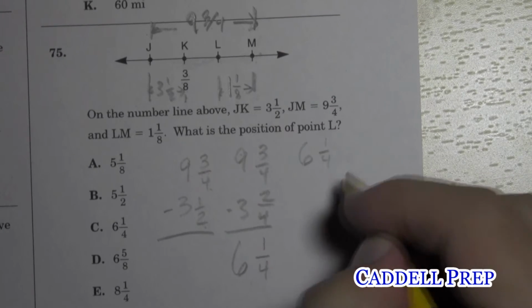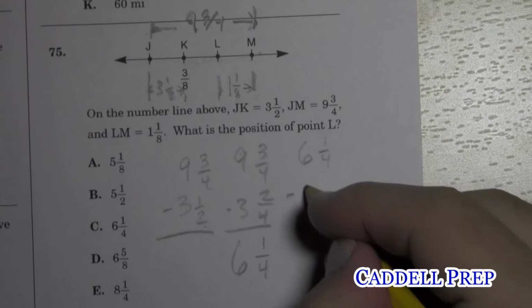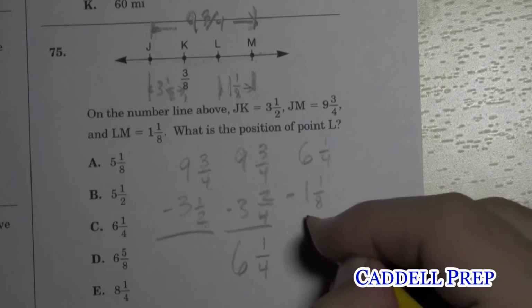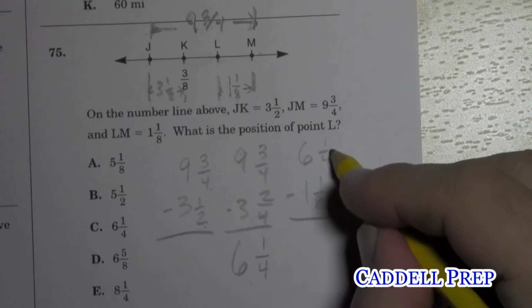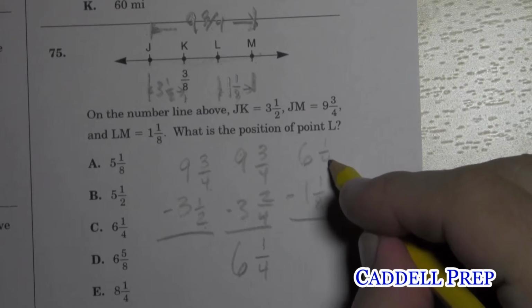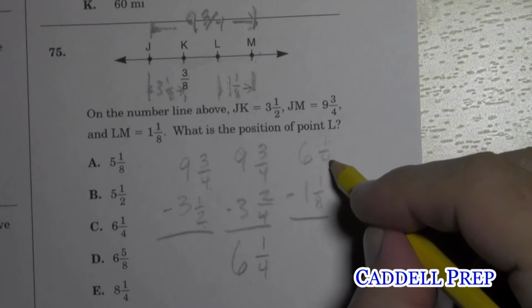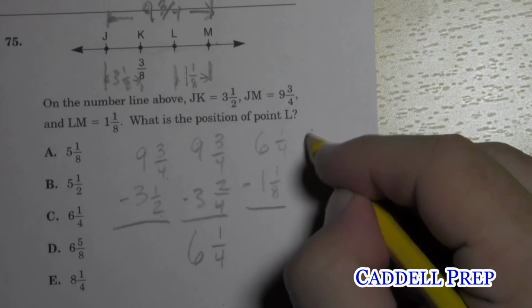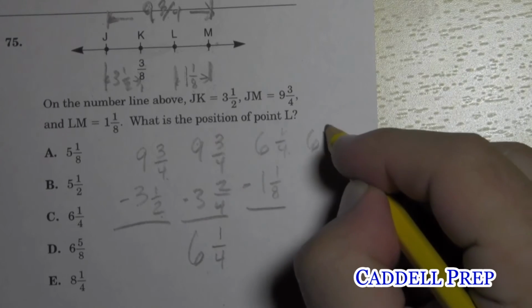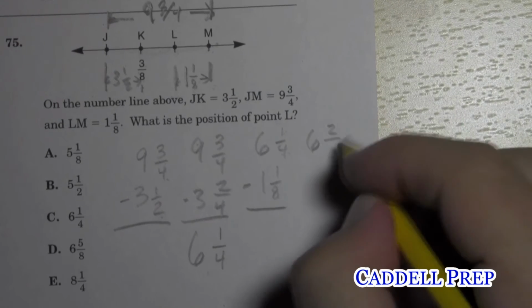So 6 1/4 minus 1 1/8. Okay, now the common denominator would be 8. So I'm going to change this to an 8 by multiplying the numerator and denominator by 2. So this is going to stay 6. 1 times 2 is 2. 4 times 2 is 8.